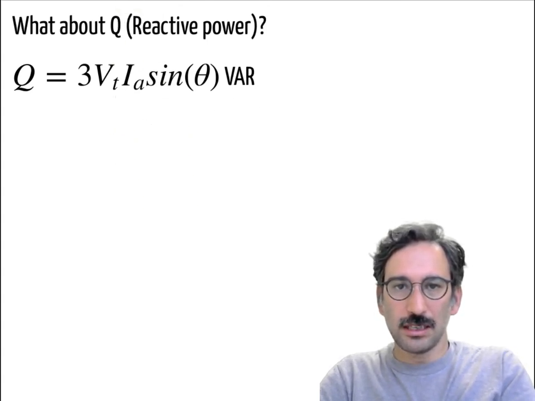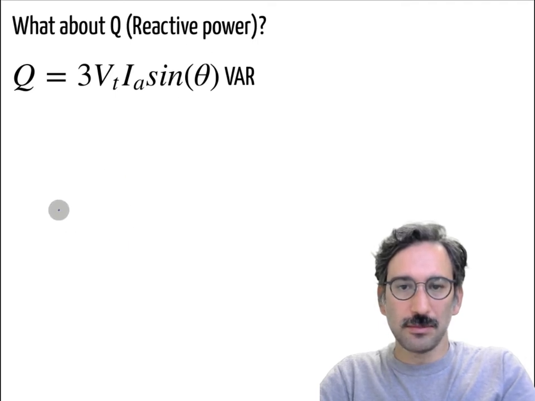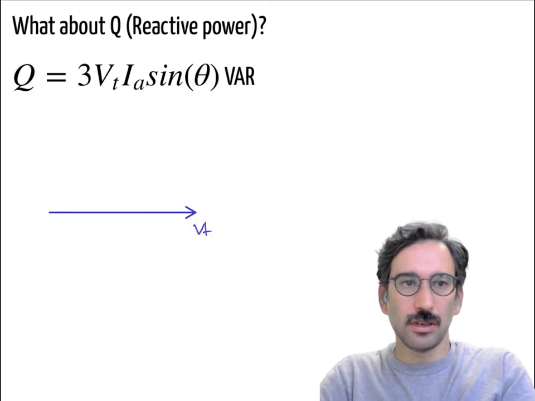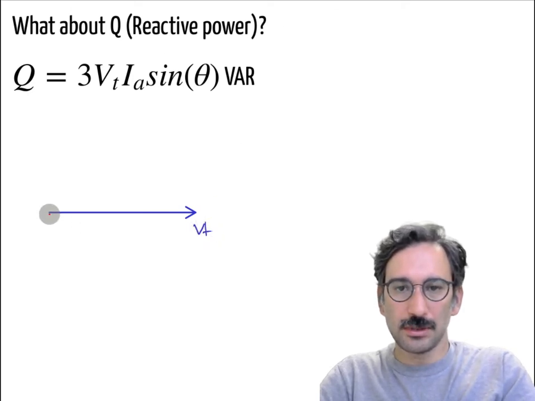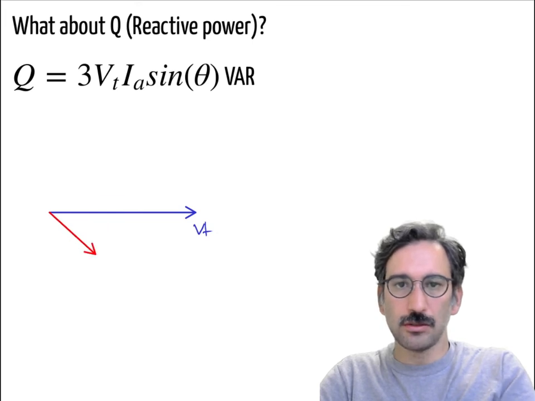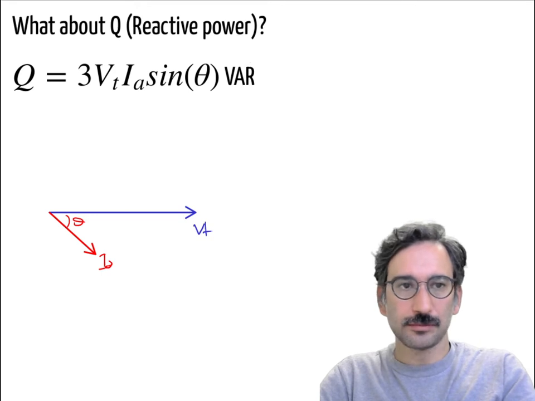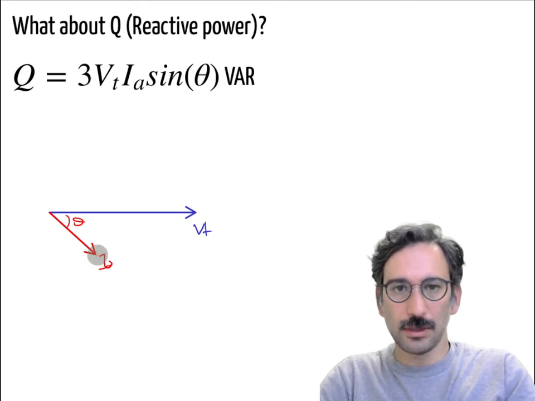So first let me draw the same vectors here. Again, this will be my Vt, where I draw it so many times. So this is Ia at angle theta, same color code as before.